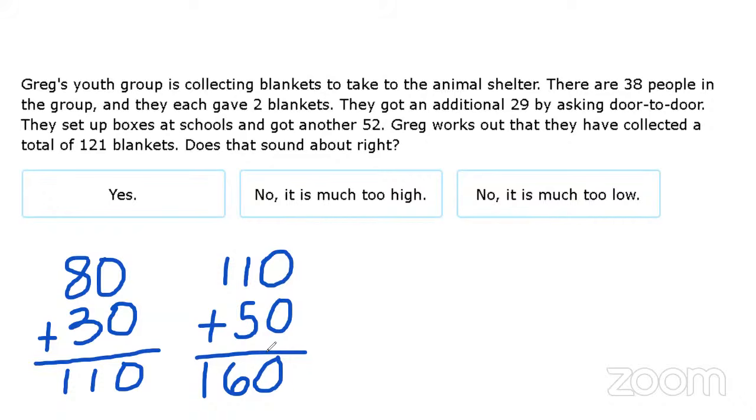Either way, 121 is very low compared to 160. 160 or 156 is a lot higher than 121. It's not higher by 5, it's higher by 30 something. And so the estimate he has here is much too high. All right, so I hope we all understand this, and we're now going to move on to our next question. Very good, guys.